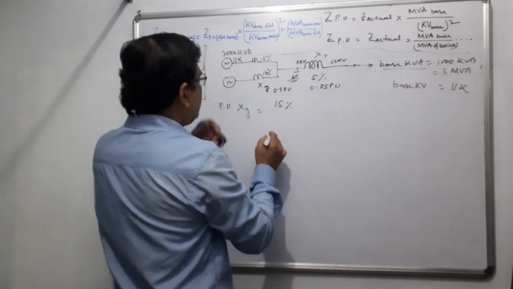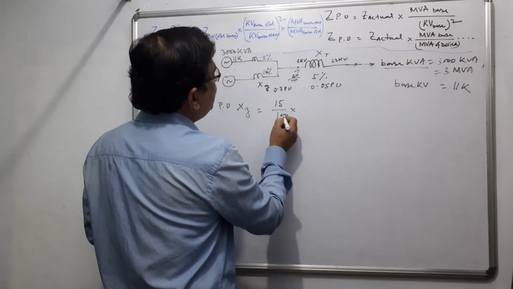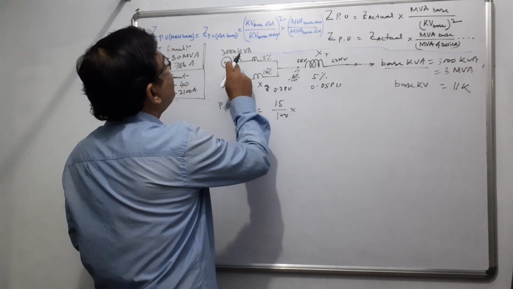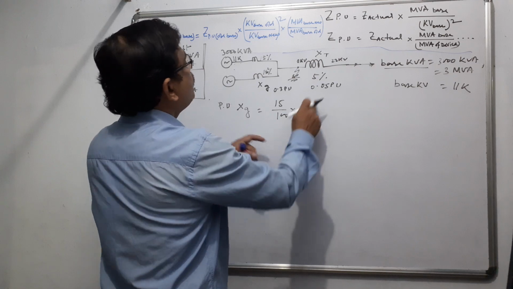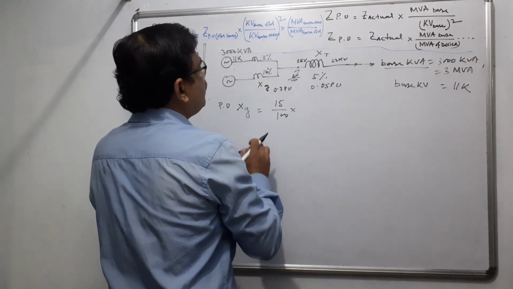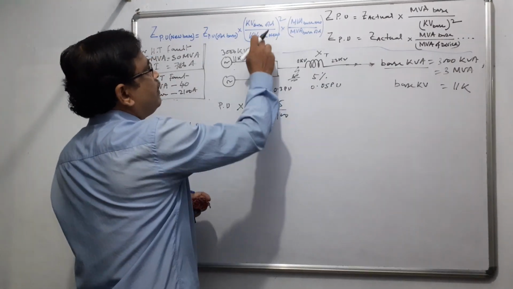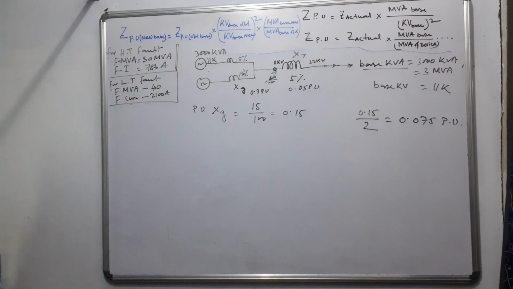That means 15 by 100 into 11 by 11 whole square, and base kVA 3000 by 3000 whole square.